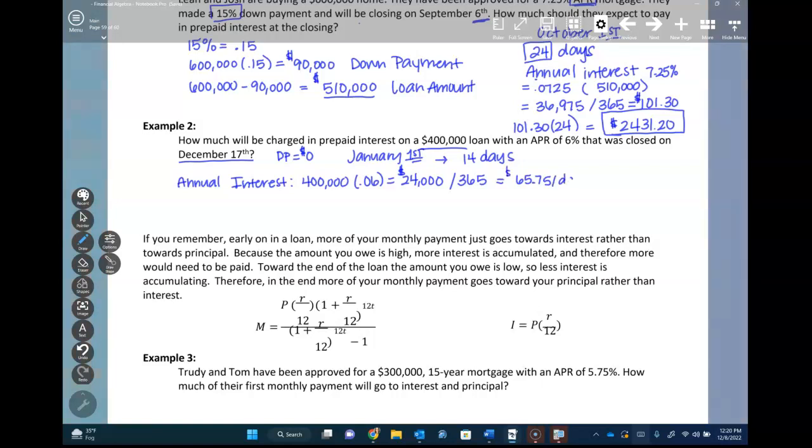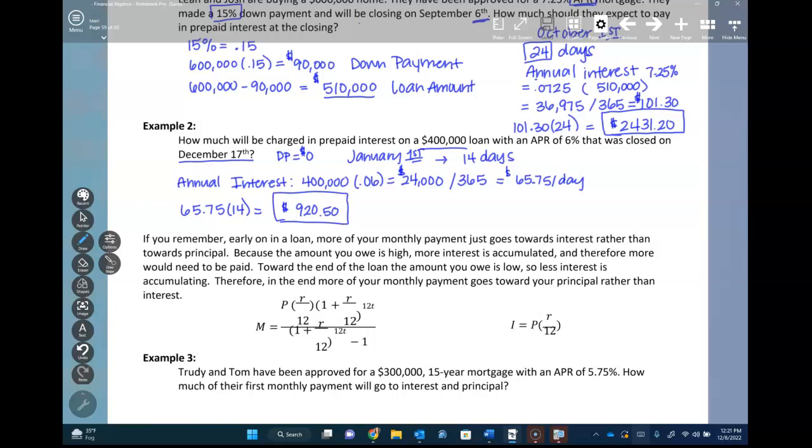That's per day. And I need to pay for that for 14 days. So now I need to multiply my 65.75 times 14. And that's going to give me my prepaid interest that I'm going to owe, which is $920.50.